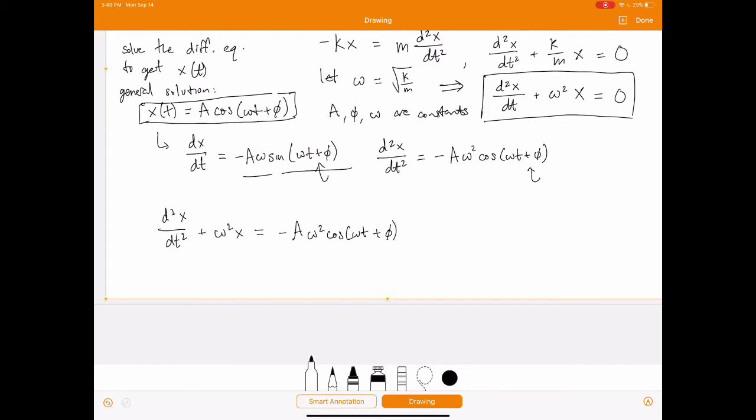And then I have omega squared times x by itself, which is what we started with, so I have A cosine omega t plus phi multiplying that. And then it's pretty obvious that if I add those two, I get 0. So the solution works. So we know that for a simple harmonic oscillator, this is the general form of the solution, A times cosine omega t plus phi.